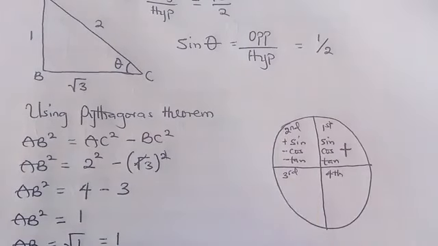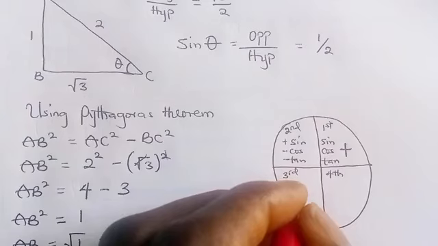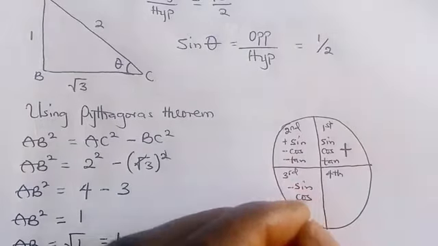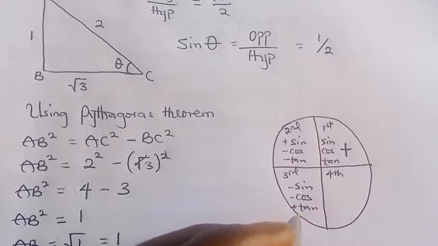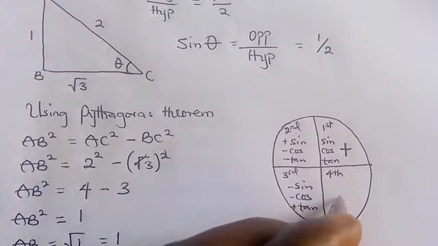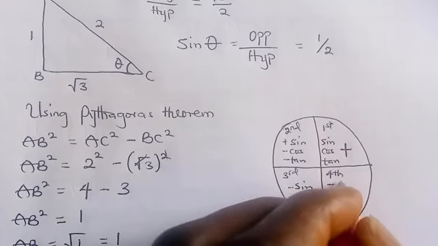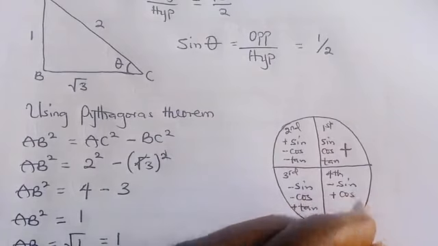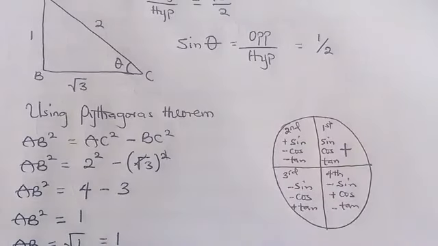You come to the third quadrant. Here, only tan theta is positive. So the sine of angle here is negative. The cosine of angle here is negative, while the tan is positive. And when you now come to the fourth quadrant, you have sine theta to be negative, cos theta to be positive, and then tan theta to be negative.